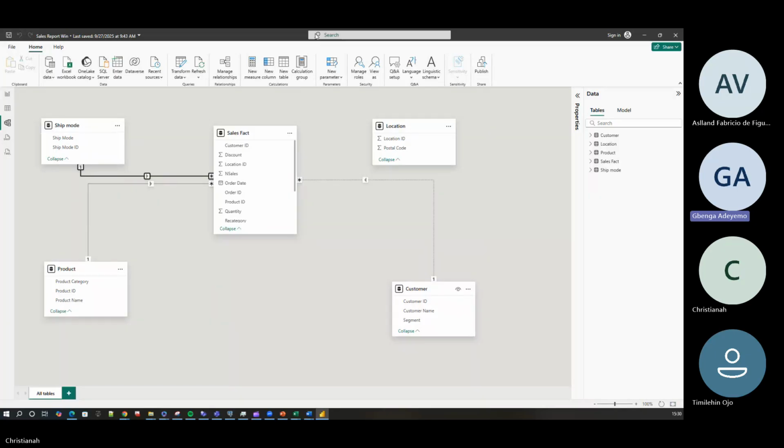We onboarded them, or they signed up on our application and put in all their information, but they have not transacted with us before. How will I know that? It's because of the connection between the customer table and the sales fact table, because the customer table is filtering the transactional information going on inside the sales facts.